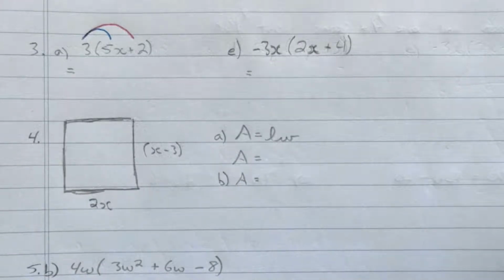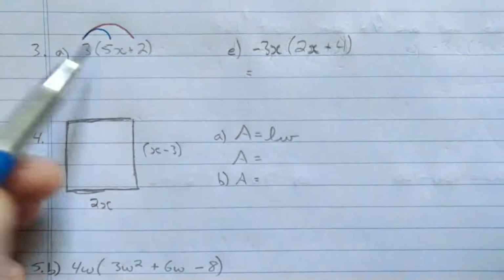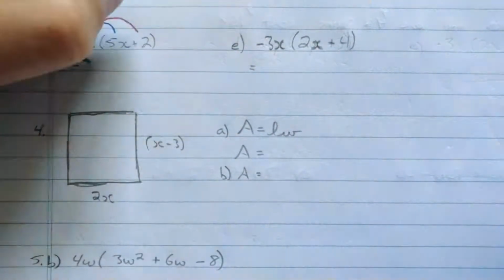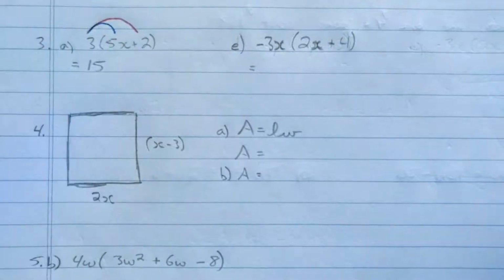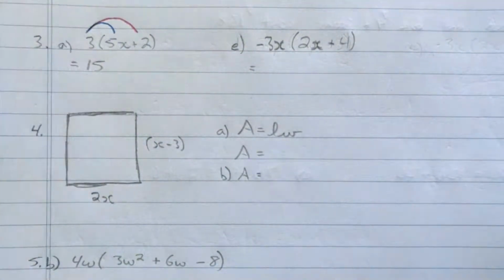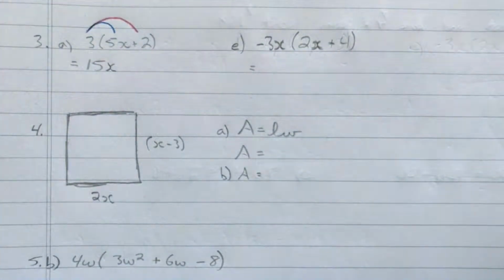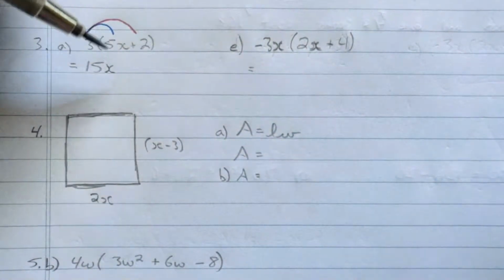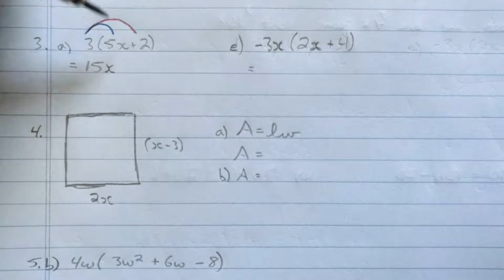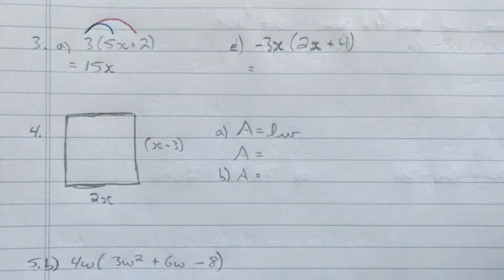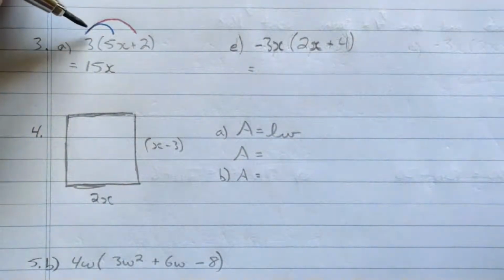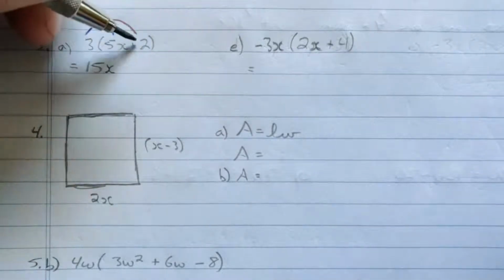When we're multiplying the number and letter portions, we just multiply numbers by numbers, letters by letters. So in this case, we have 3 times 5, which is 15. And then the x doesn't have anything to multiply, so we just leave it there as x. So we have 15x. If there's a letter involved, we just leave it unless there's another letter to multiply it by. And then the second multiplication is 3 times the plus 2.